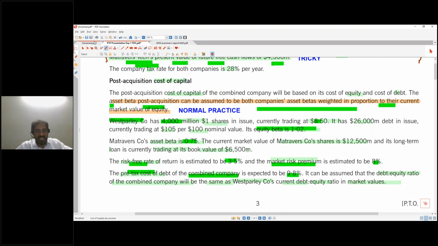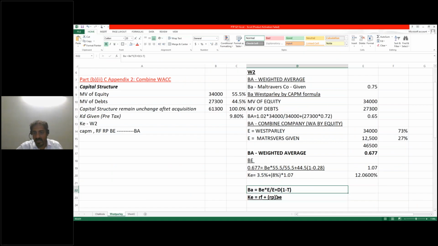If you repeat the formula, you will not get extra marks. You will just waste time. Are you getting the point? Don't rewrite the formula. Directly apply the formula. That's all.